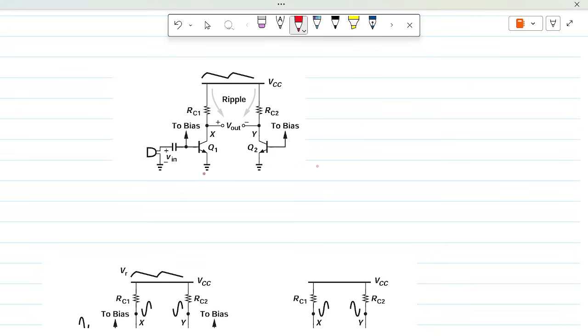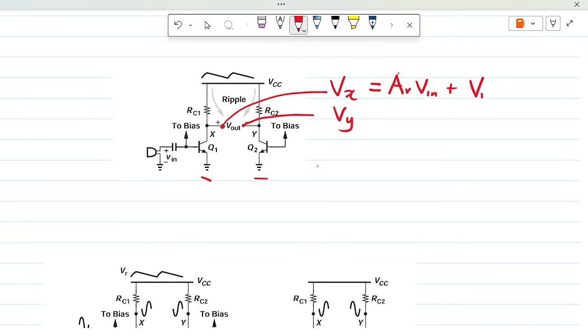If I place two transistors Q1 and Q2 in such a way that the output taken from Q1 I call Vx, and the output taken from Q2 I call Vy, assuming I am taking out only the small signal changes from these outputs, then we know Vx from the previous page is going to be the amplified input, so that's the gain times the input, plus any noise or ripples.